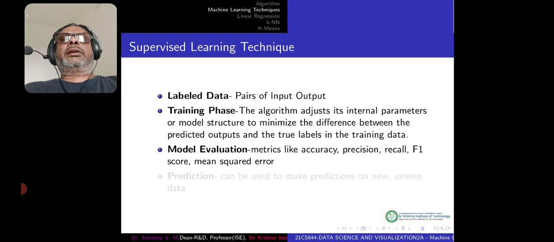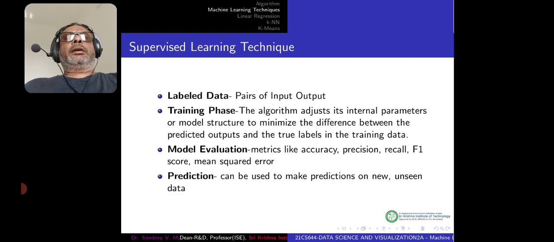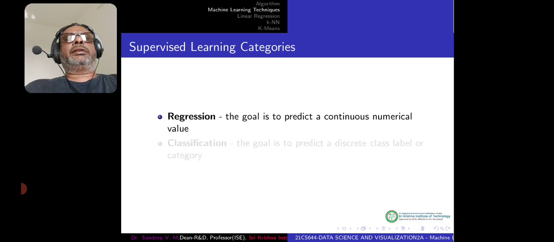Metrics like accuracy, precision, recall, F1 score, mean squared error, etc. are computed to know how well the model is behaving. And lastly, we use this model for future predictions. It can be used to make predictions on new unseen data.